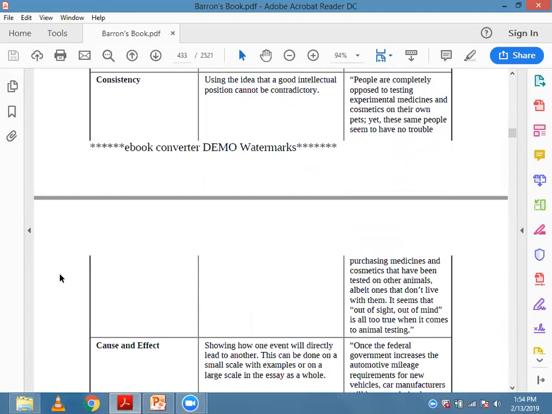So, a very good example that we mind things being tested on our own pets, but we are okay with using animal tested products. Obviously, those products have been tested on some animals, right? So, our idea of products not being tested on animals is contradictory, not consistent in two circumstances, hence lack of consistency.